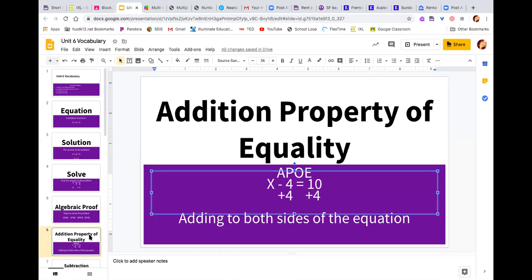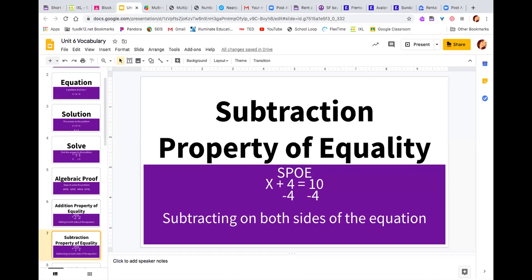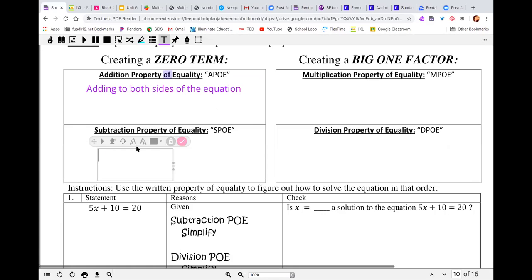Yes. Subtracting on both sides of the equation. And here is an example, right? When we minus 4. Subtracting on both sides of the equation.